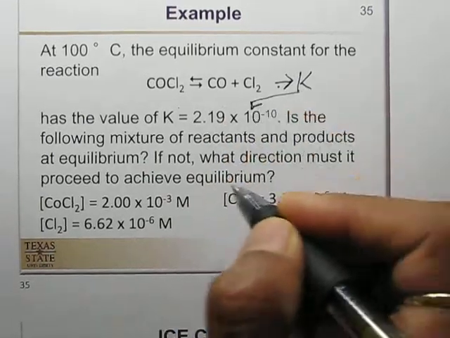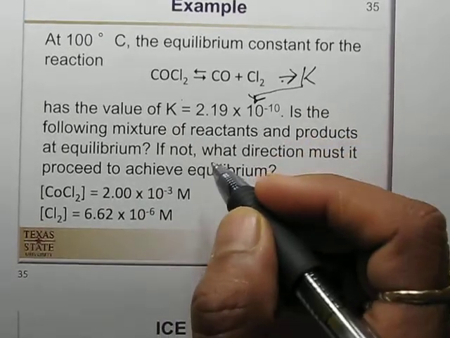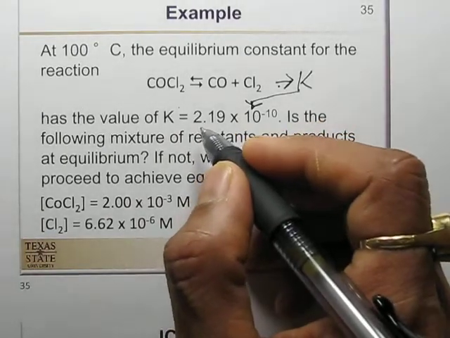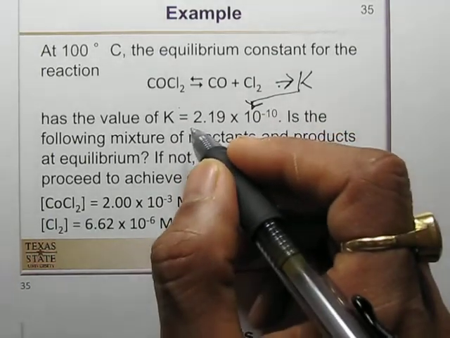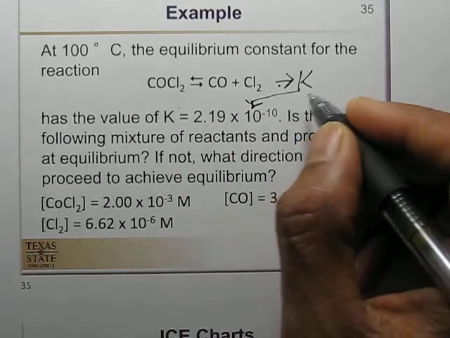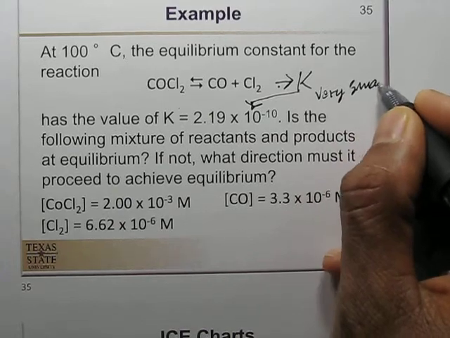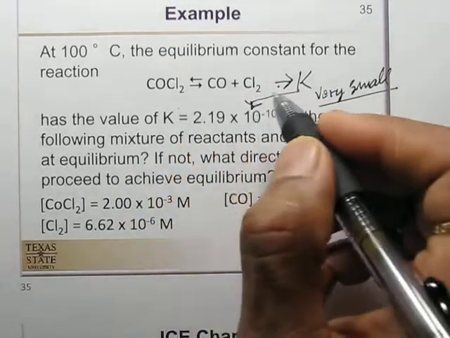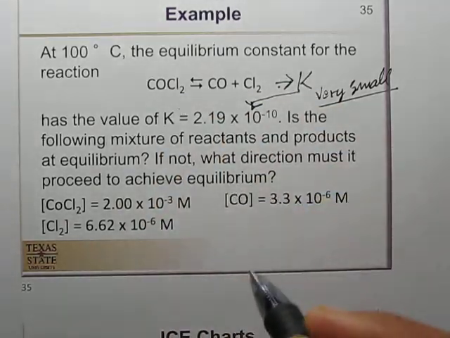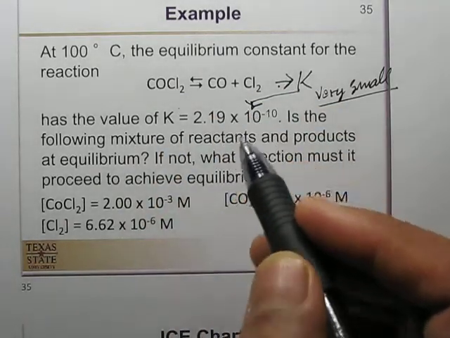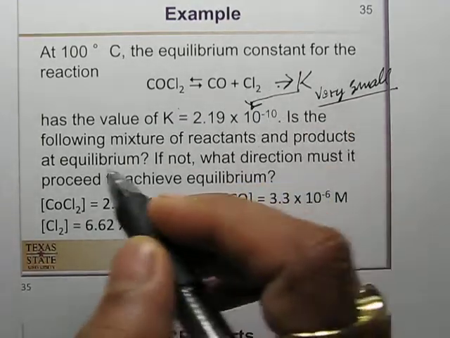K is 2.19 times 10 to the minus 10. K value is very small. So it looks like this reaction goes very slowly in the forward direction, and mostly reactants are there. Cobalt chloride is hardly dissociating into cobalt and chloride.